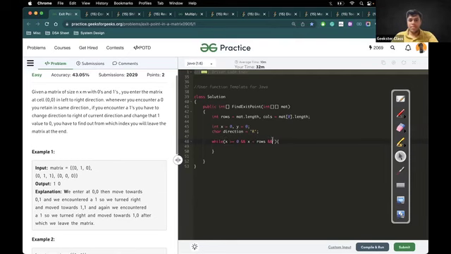It should be more than or equal to 0. The column should be at least 0, and the column should be lesser than the number of columns. That is, y should be lesser than the total number of columns.